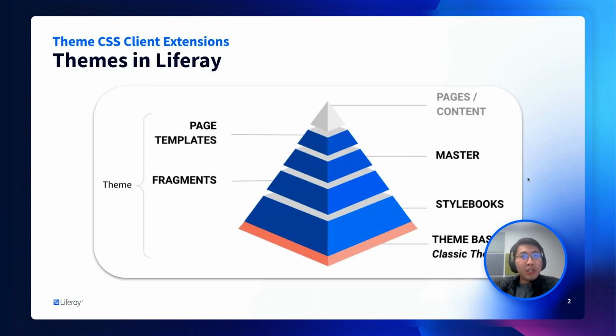Now, there's this feature called style books, and we'll discuss this in depth in a separate video. But style books essentially allow you to define the look and feel of your site through the UI. You can change the values of certain classes and variables through configurations. And these classes and variables are defined within your theme, so within a Theme CSS client extension, and they're known as front-end tokens.